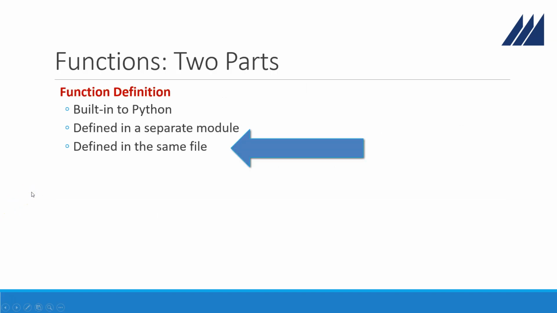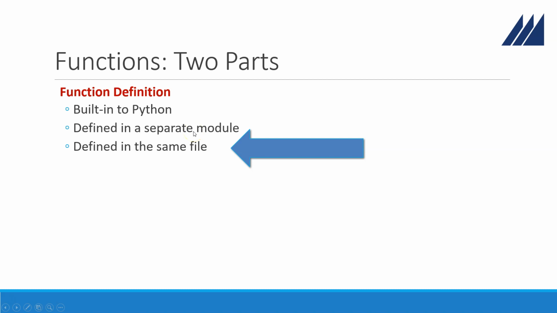So far we have built-in functions that are built in Python and come with Python, such as print or input. These functions we don't have to do anything besides knowing how to use them, and they are already implemented. The second type of functions are those defined in a separate module. Remember the math module we looked at before?